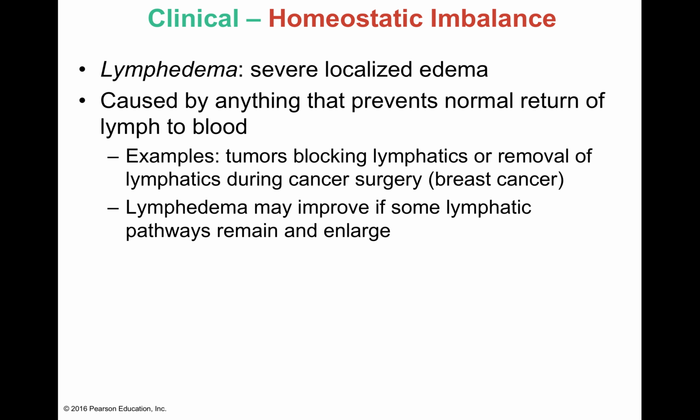When the breast tissue is removed using surgery, the lymphatic vessels and nodes around the area are also removed to prevent the risk of spreading the cancer to the rest of the body. Therefore, when you remove those lymphatic vessels and lymph nodes, the effective drainage of lymph is limited, and that causes severe edema and enlargement of the respective limb.